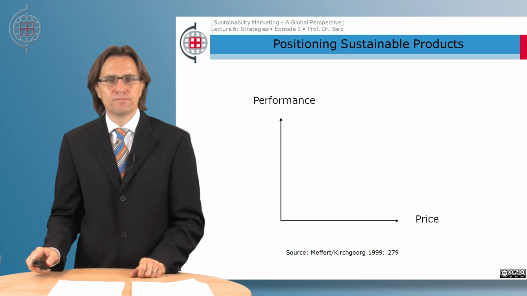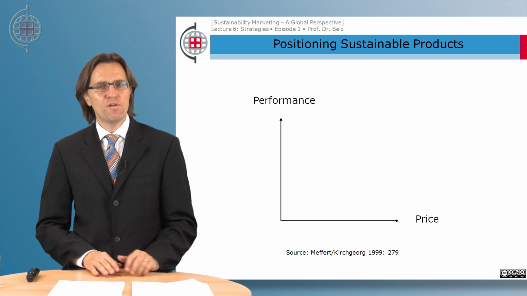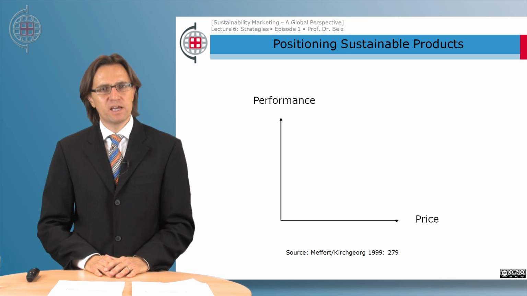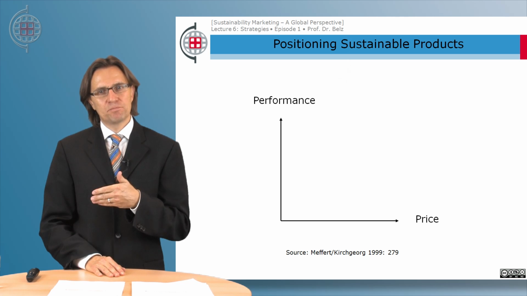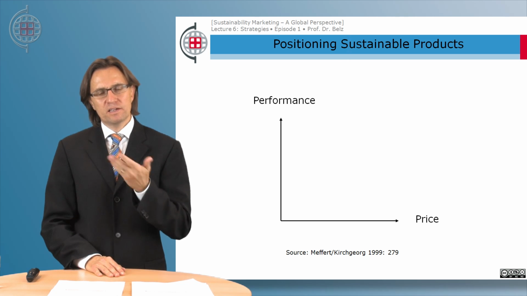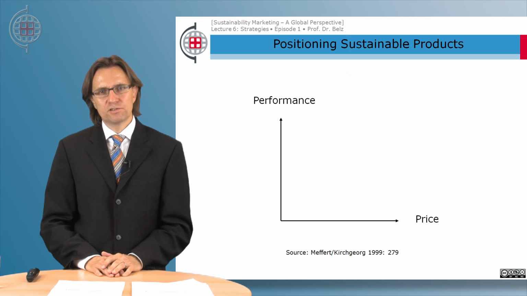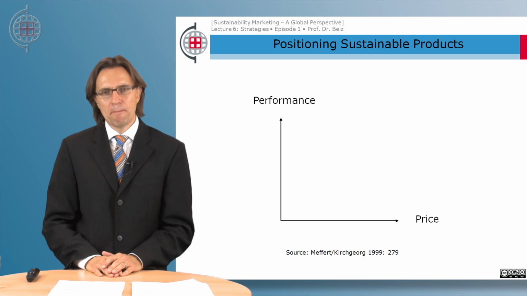And finally, the fourth option would be to refrain from communicating social and ecological issues altogether. So you still stress performance and price, like in the case of IKEA, the Swedish retailer, or H&M.